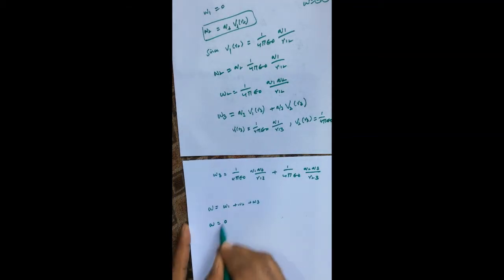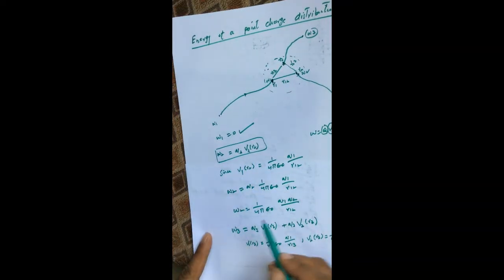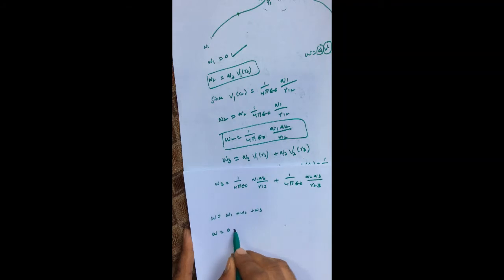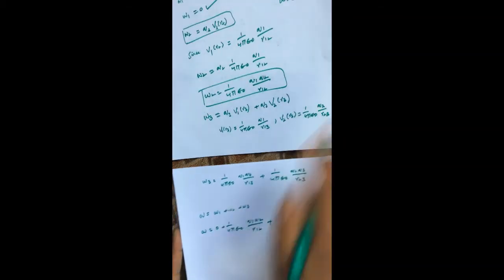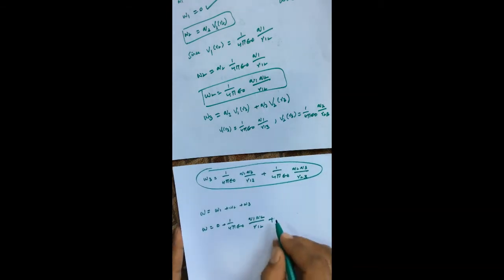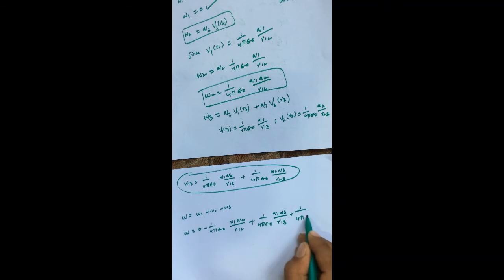So W is equal to, W1 is 0 here, W2 is given by this relation, so W2 will be 1 over 4 pi epsilon naught Q1 Q2 over R12, plus W3 is this one, 1 over 4 pi epsilon naught Q1 Q3 over R13 plus 1 over 4 pi epsilon naught Q2 Q3 over R23.